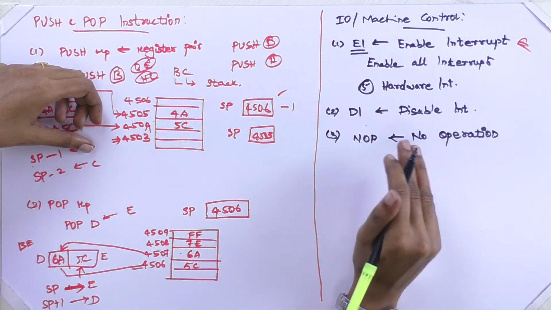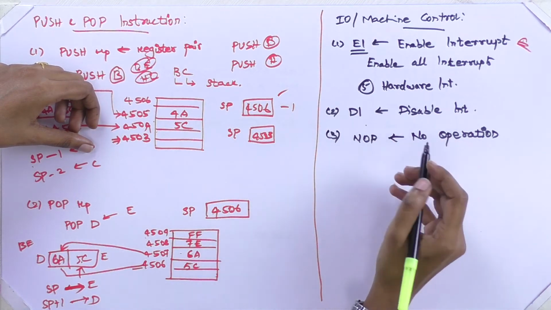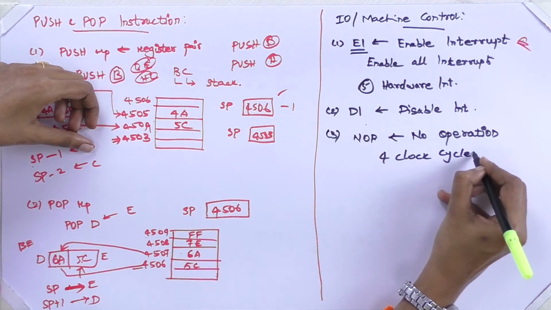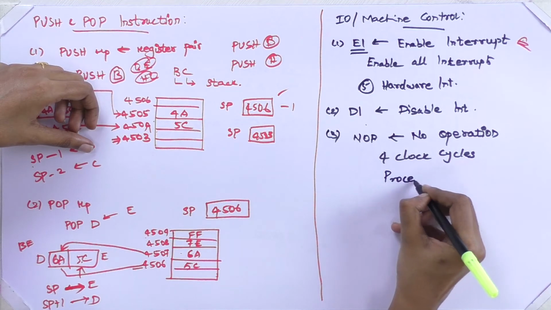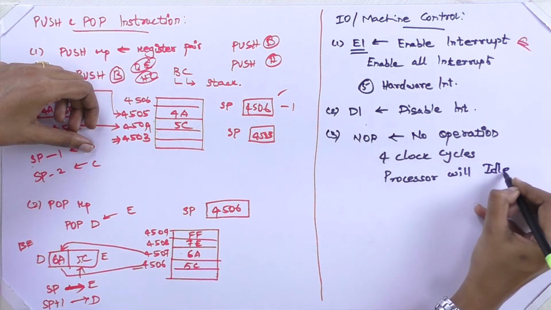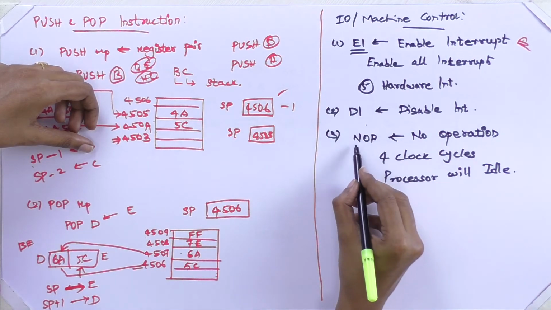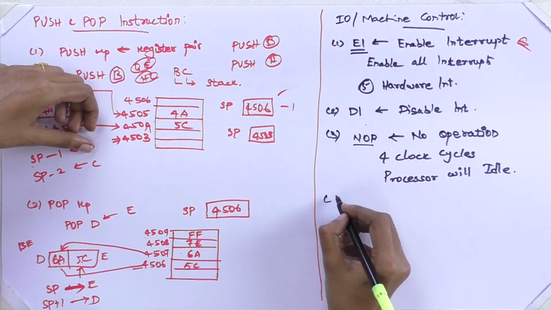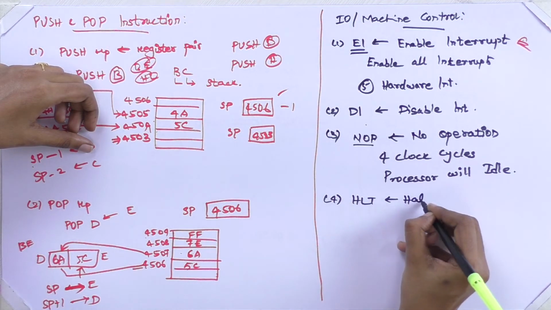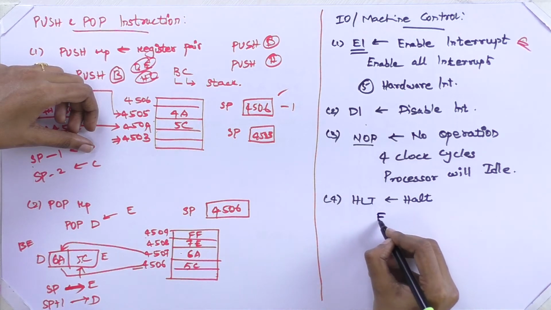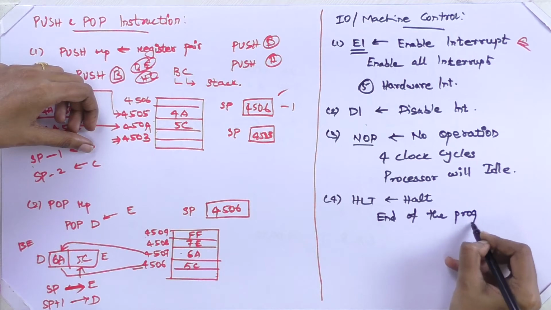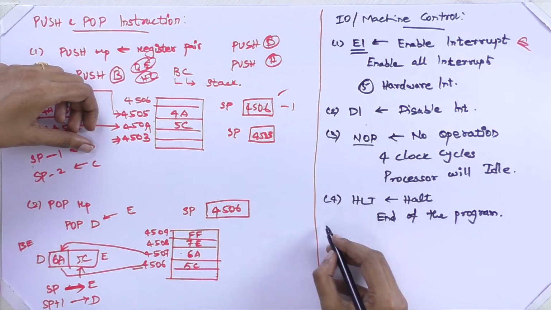Idle in the sense it won't perform any operations for those clock cycles. Next is HALT. This instruction is used to represent the end of the program.